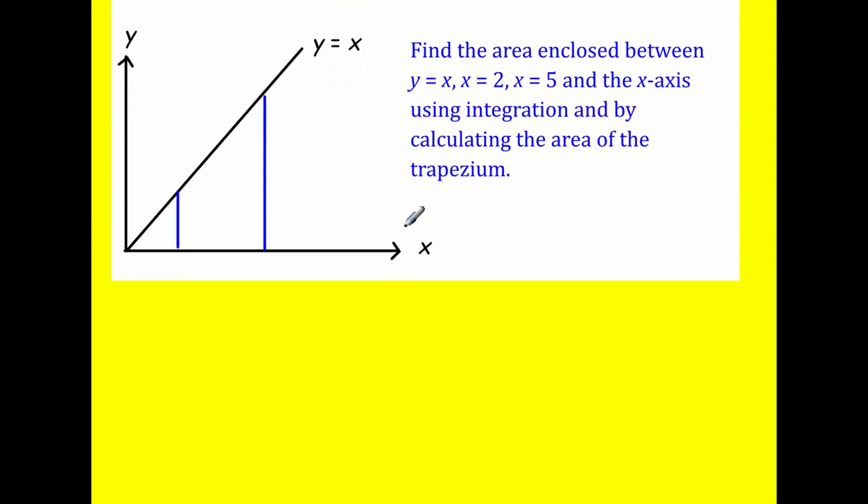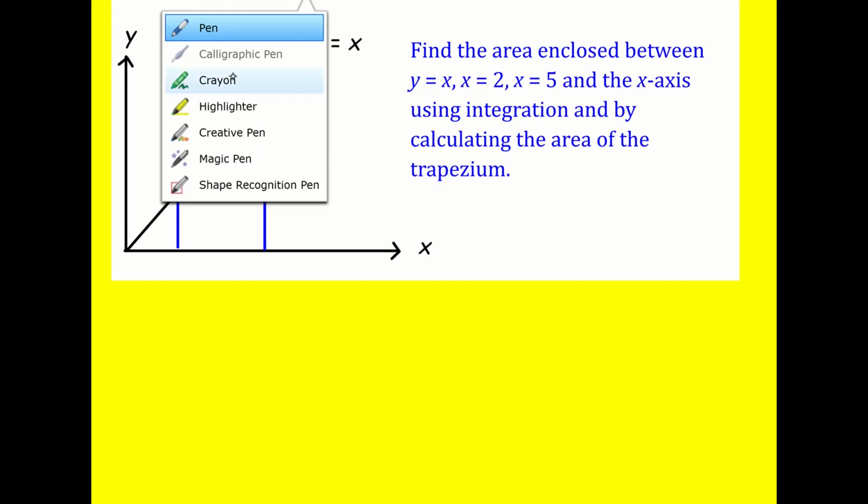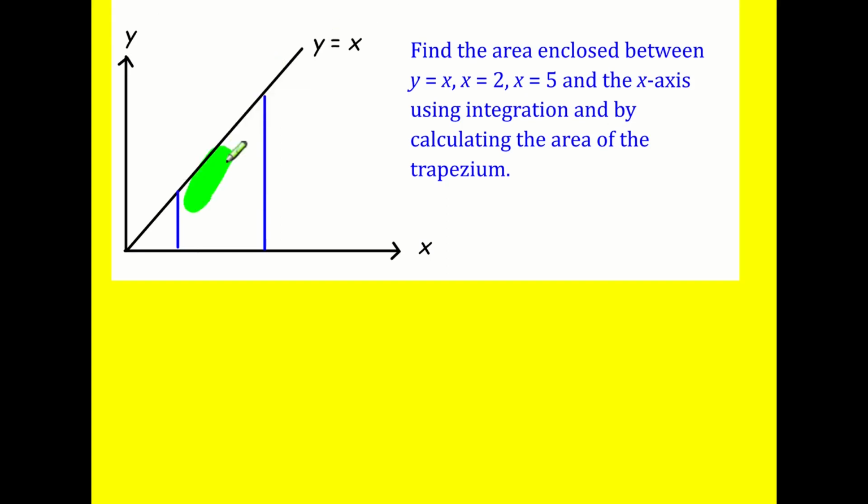Okay, we're going to do 3 examples. First, we're going to look at y equals x. Find the area enclosed between y equals x, x equals 2, x equals 5, and the x-axis. That is this area here. Do it using integration and by calculating the area of the trapezium.